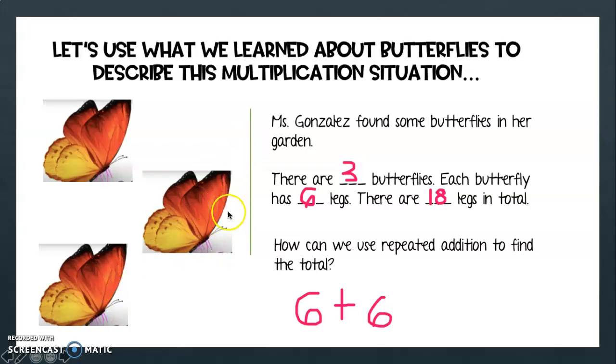But I still have one more group of legs that I need to count. So I'm going to add another 6 because in each butterfly there are 6 legs. So 6 plus 6 is 12, plus 6 is 18. 6, 12, 18. And this is how I was able to use repeated addition in order to find the total.